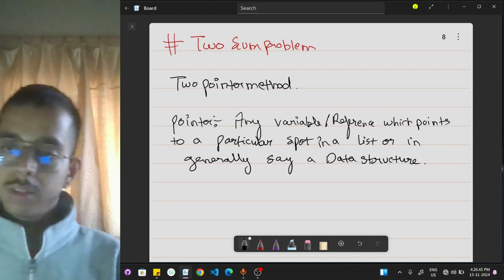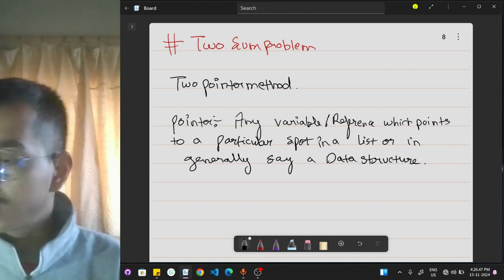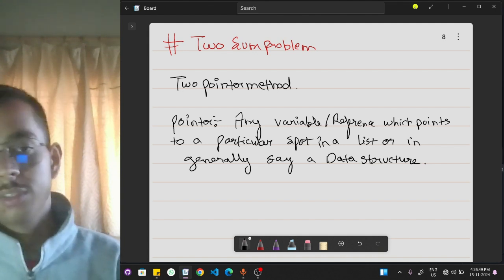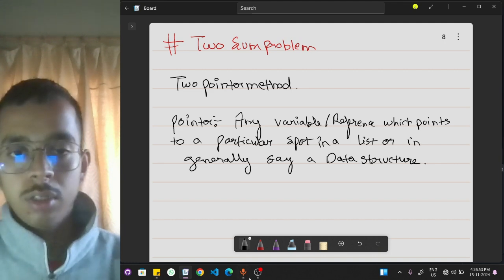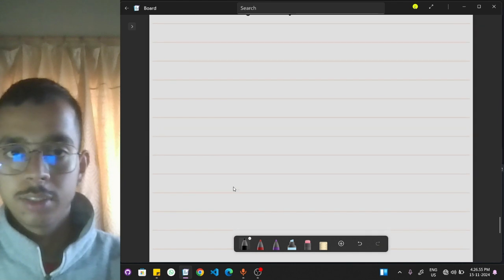So any variable or reference that points to a particular spot in a list or in a data structure is actually considered a pointer. Okay, great.